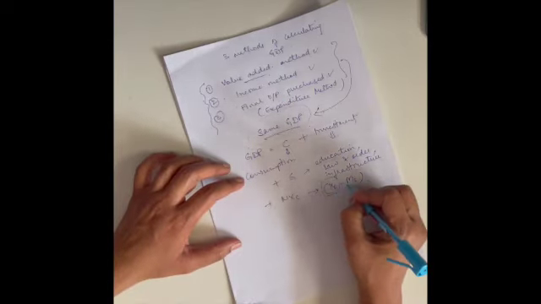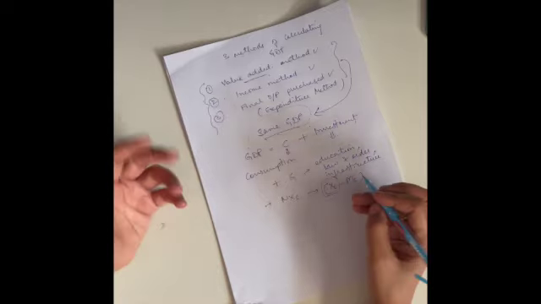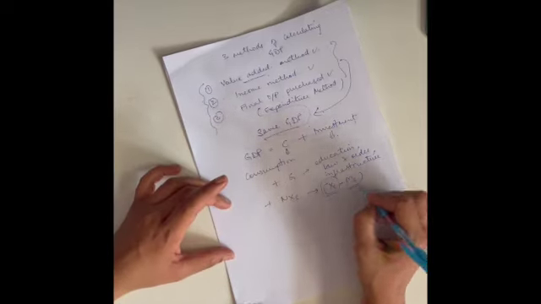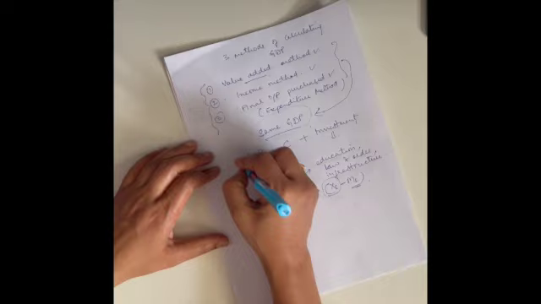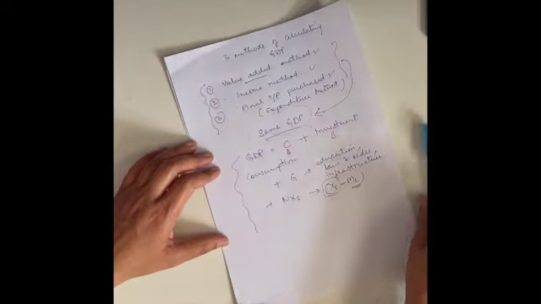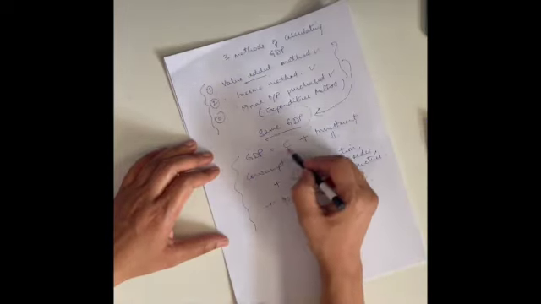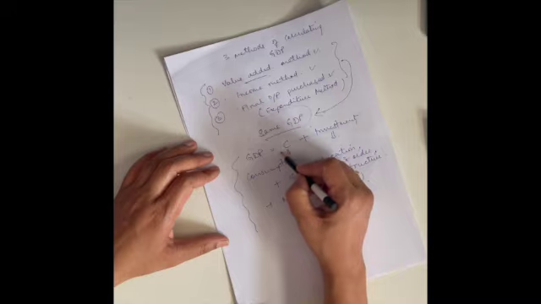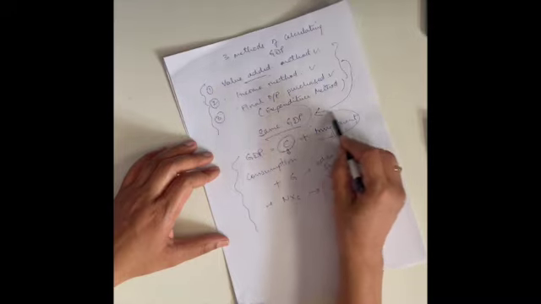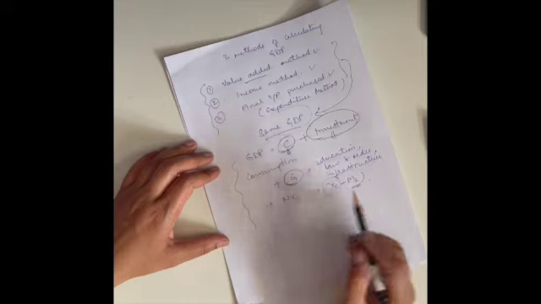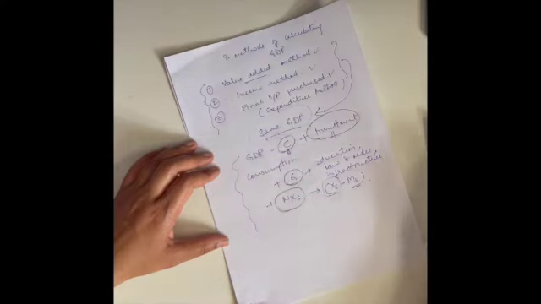With imports, your income is going out, so that's why it's subtracted from your GDP. So these are the components of GDP. To summarize again, it's your consumption, your investment, your government expenditure, and your net exports.